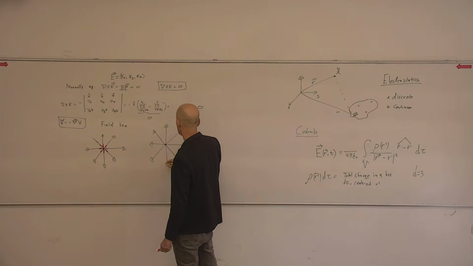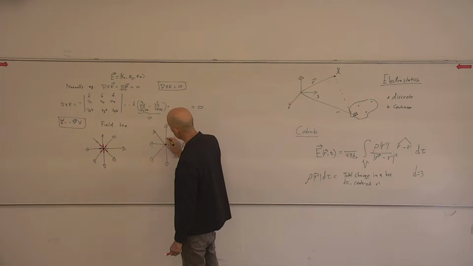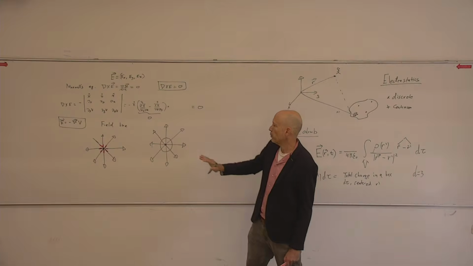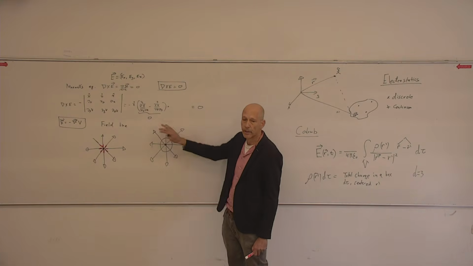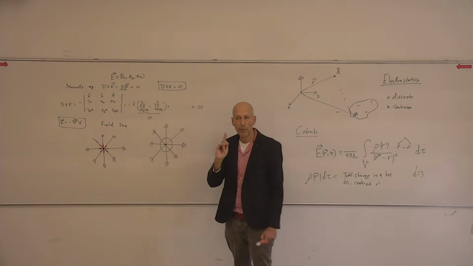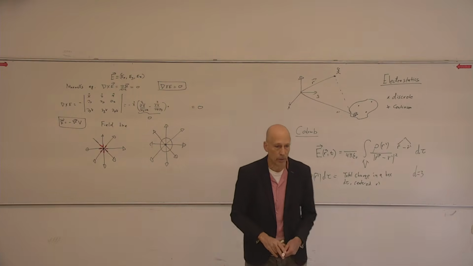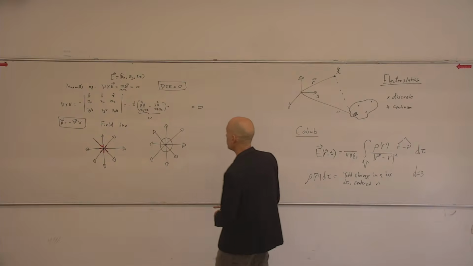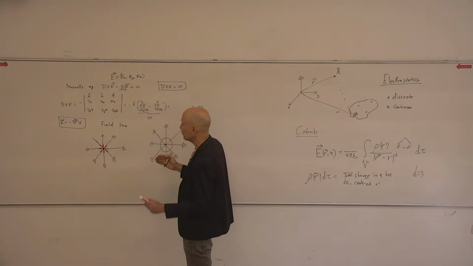And what is the rule? The rule is, let's draw here some circle. Now I'm plotting it in 2 dimensions, but actually it's a sphere. It's coming out of the board and into the board. It's very important that it is a sphere and not a circle, because we work in 3 dimensions, that's my point of view.